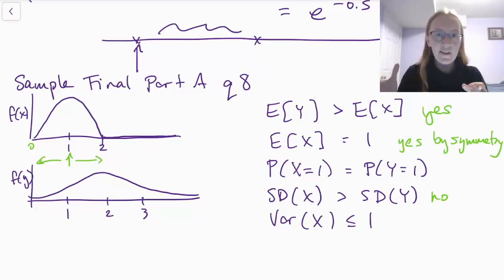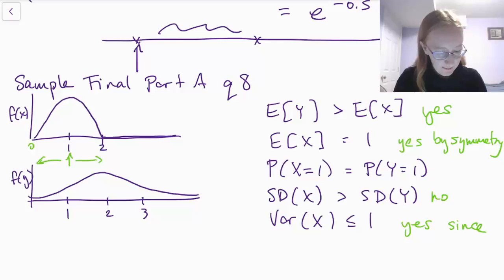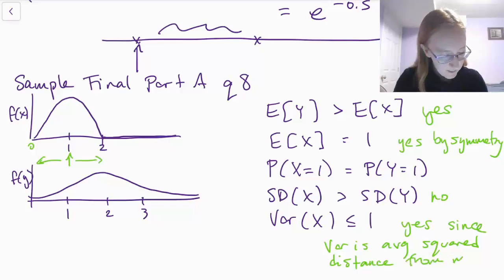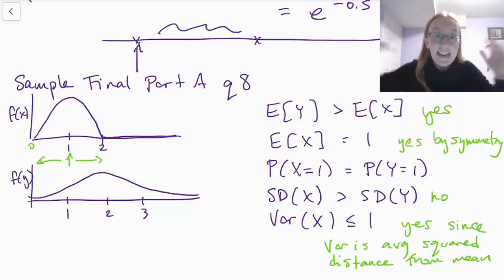So the weighted average of a bunch of things that are less than 1 is going to be less than or equal to 1 as well. So I'm going to say yes. In here we can see that the maximum distance from the mean is 1, and so the average is going to be less than that.